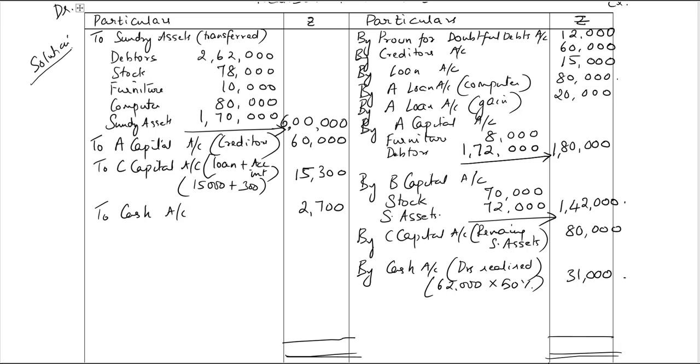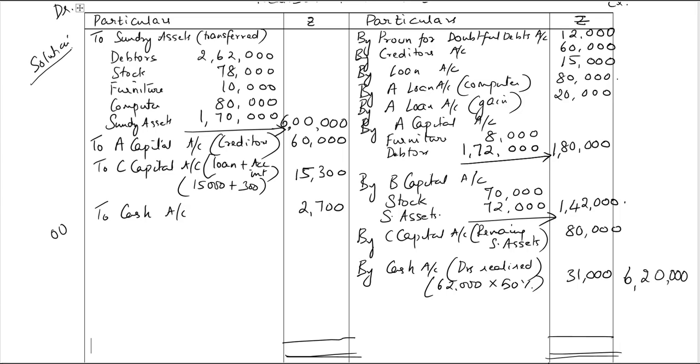We total the credit side first. The credit side totals to 6,20,000 rupees.